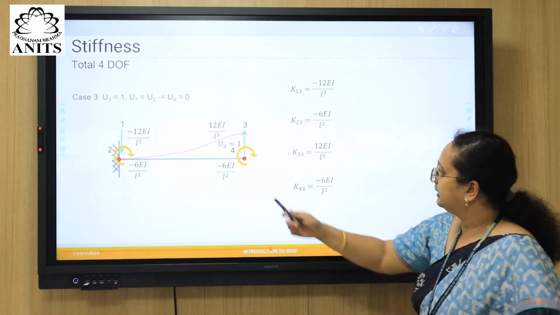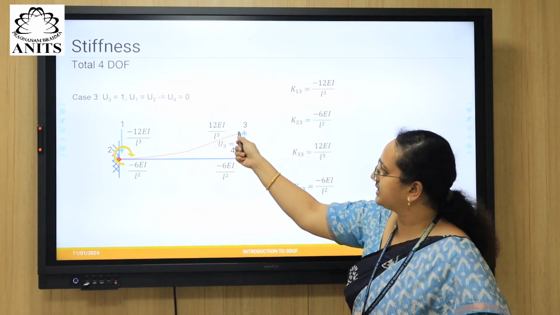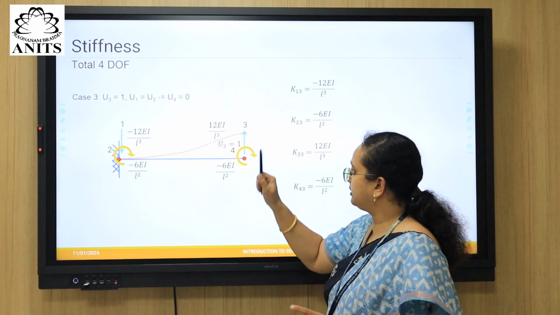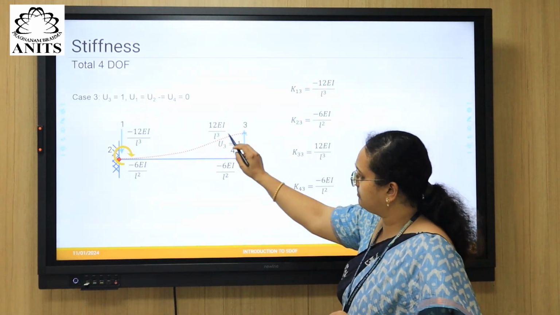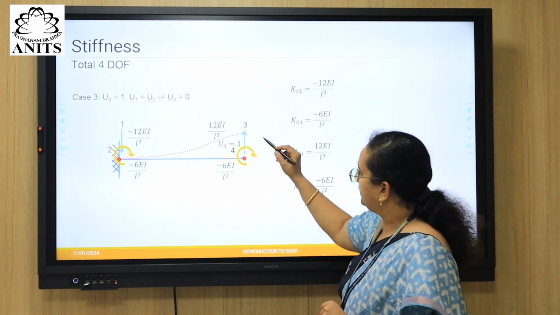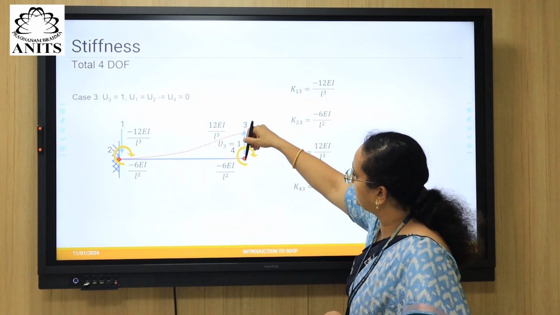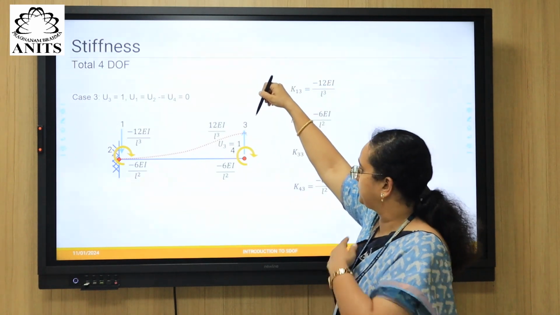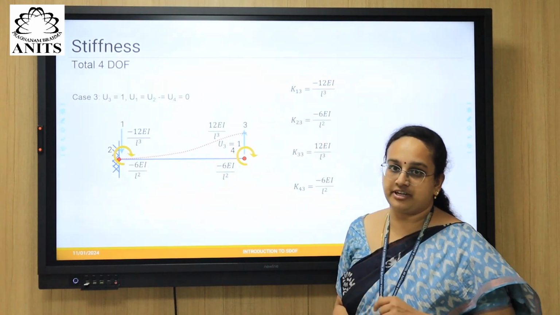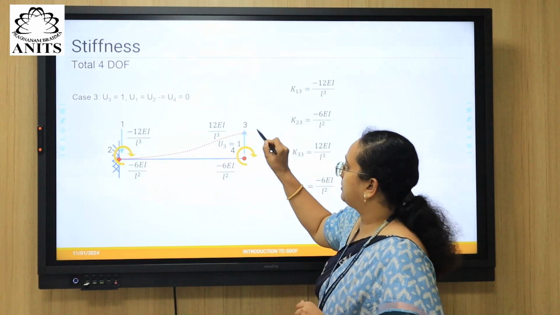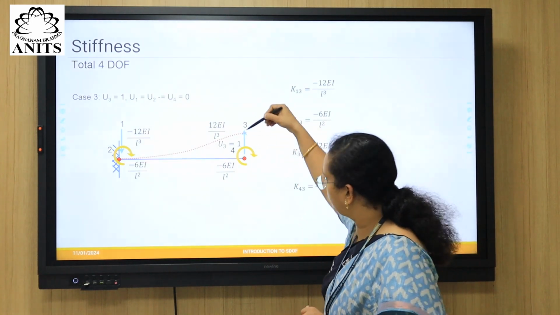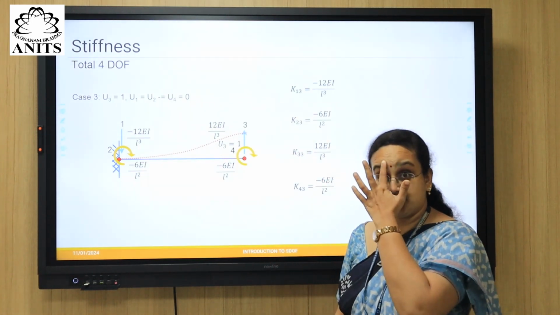In case 3, the displacement in the third degree of freedom is given, and this will create some moments that are developed, right? So first, for this to happen, you have to pull it in degrees of freedom 3. If you are pulling in degrees of freedom 3, what is going to happen? This wanted to become a straight line, but because this joint is rigid, you need to ensure a rotation, right?